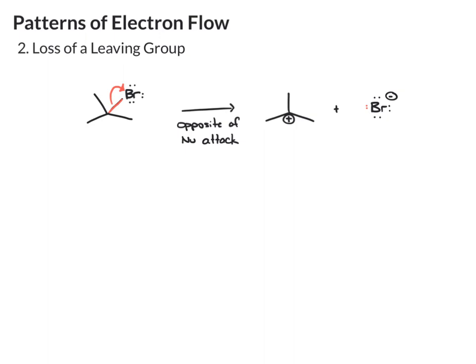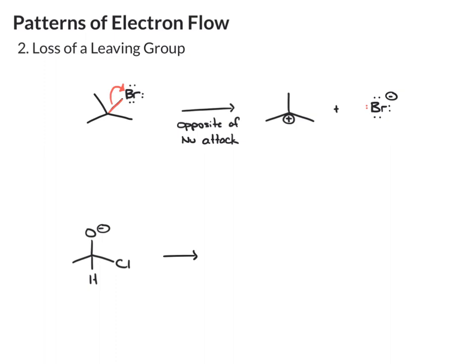Let's look at one more example here. Let's say we have this. In this case, I want to assume you're starting to get a feel for lone pairs, so I'm not going to draw in the lone pairs. What I'm going to do is treat this negative charge here as a surrogate for the lone pair.